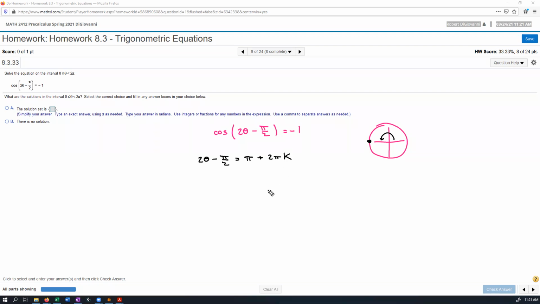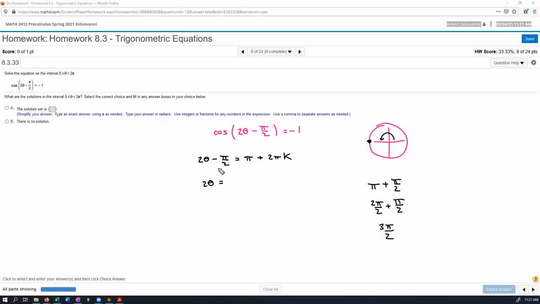And now let's slowly take care of this. Let's get theta by itself. So I'm going to add pi over 2 to both sides. If I add pi over 2 to both sides, I can put that pi that's on the right side together with pi over 2. I can get a common denominator between those two, and that gives me 3 pi over 2.